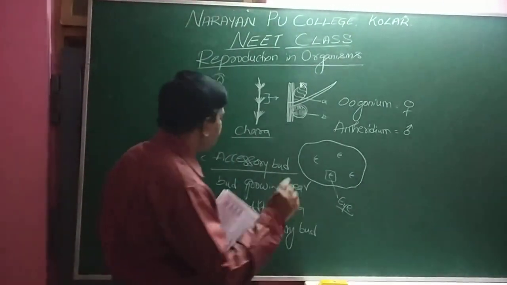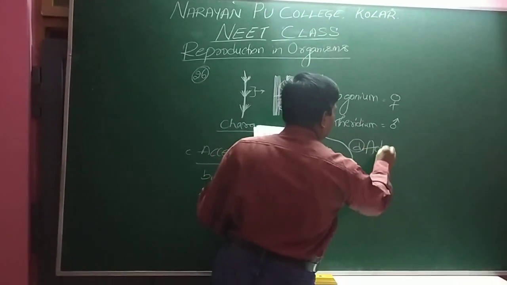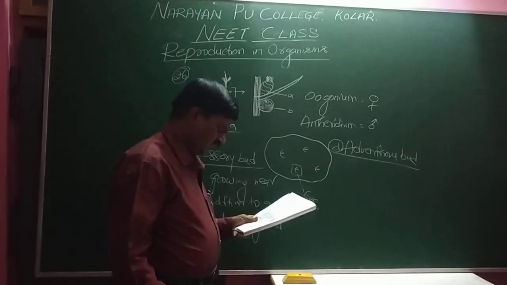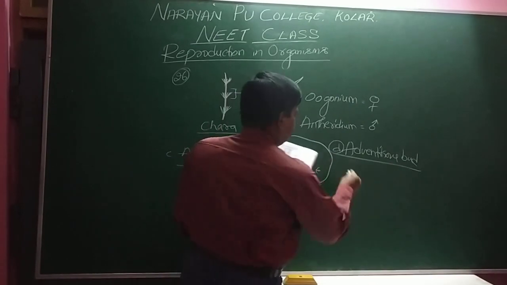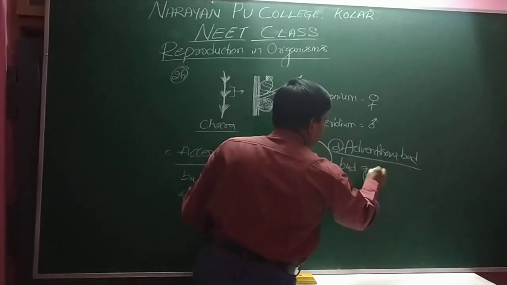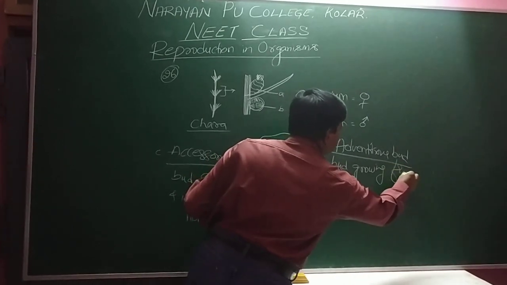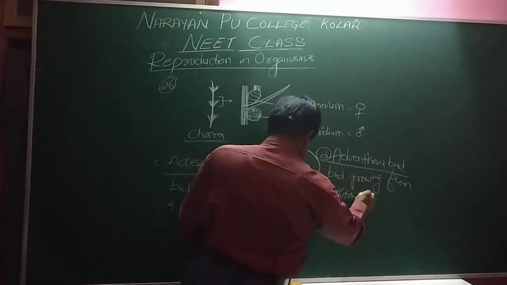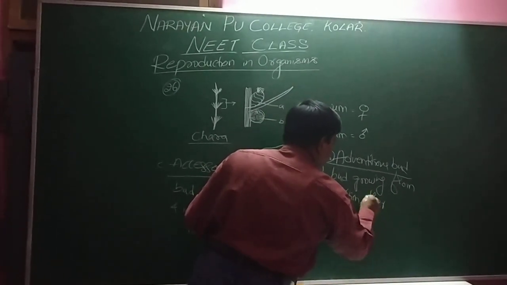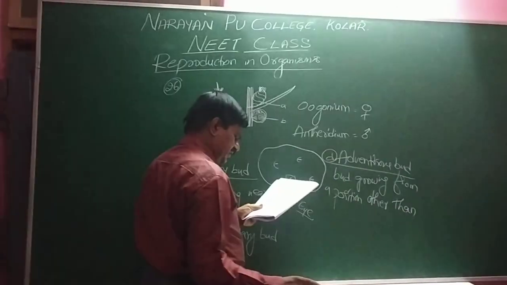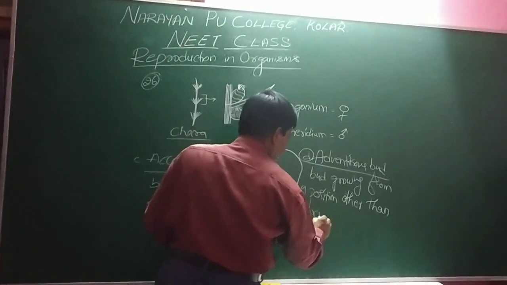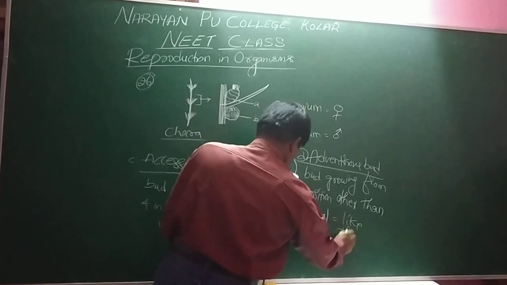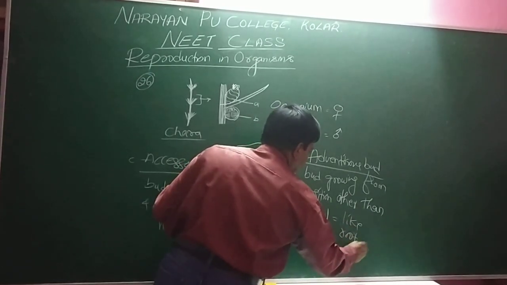So we go for adventitious bud, the next one. Adventitious bud: again, this bud grows from a position other than the normal, so it may be produced from trunk, root, leaf.